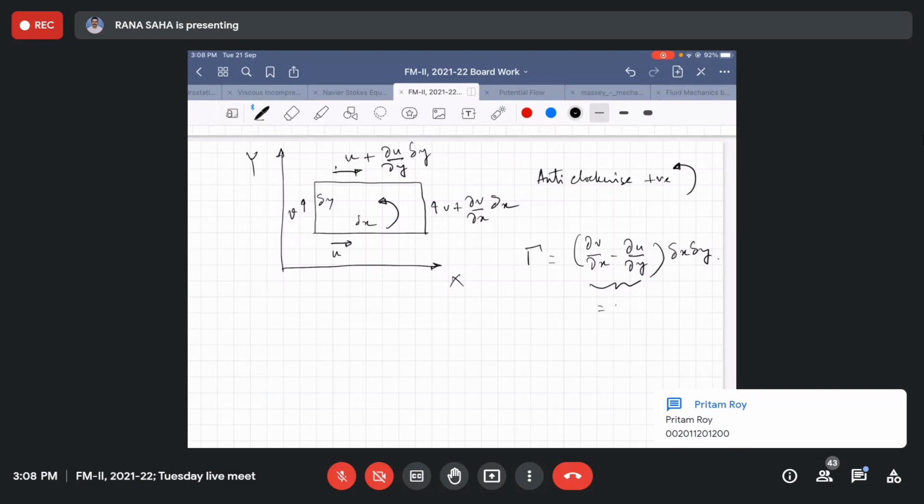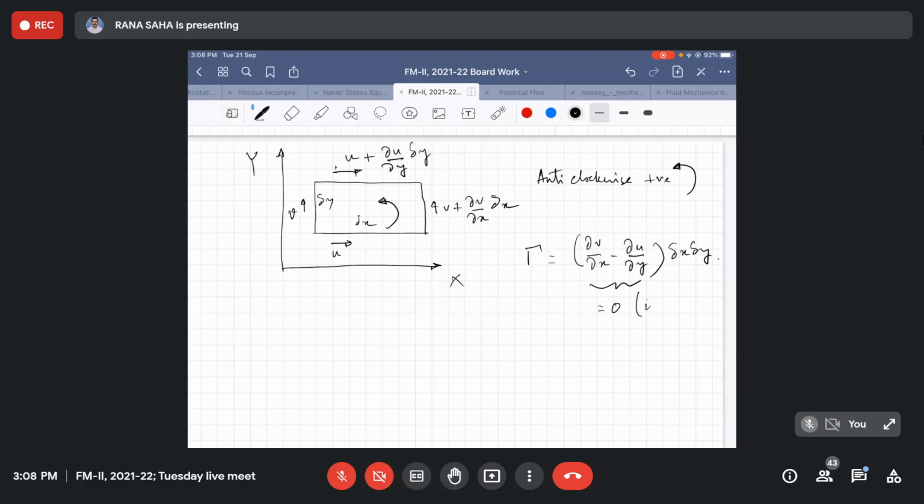So if the flow is irrotational, then this circulation for irrotational flow will be 0.